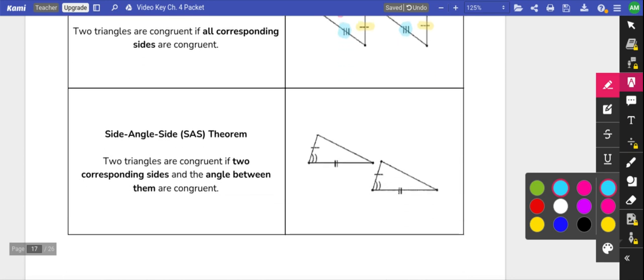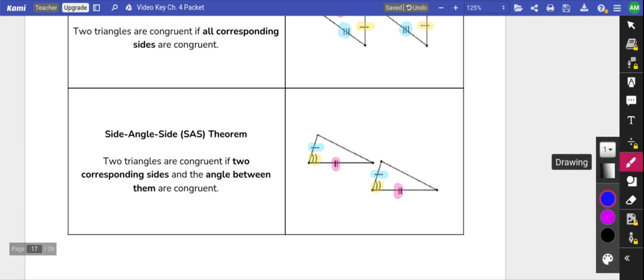The next theorem is called side angle side. Side angle side says that two triangles are congruent if two corresponding sides and the angle between them are congruent. So here are my two corresponding sides that are congruent. That's one set of corresponding sides. Here's the other. And then see that the angle that is equal is between those two corresponding sides.